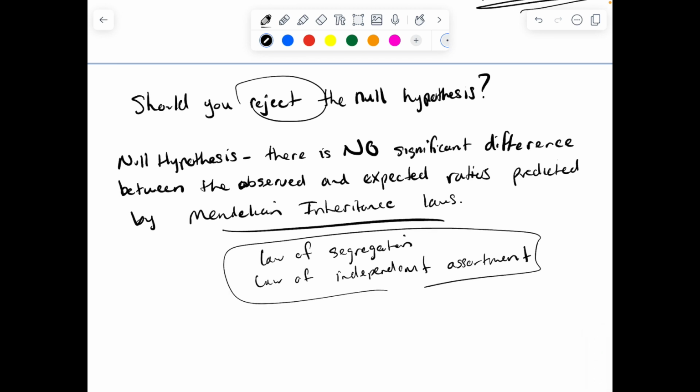So these are not being followed. So we would reject the null hypothesis. The null hypothesis being that there's no significant difference between the observed and expected. Or in our case, did it follow a 9331? Well, based on our chi-square value, no, it didn't. So we have to reject the null hypothesis.